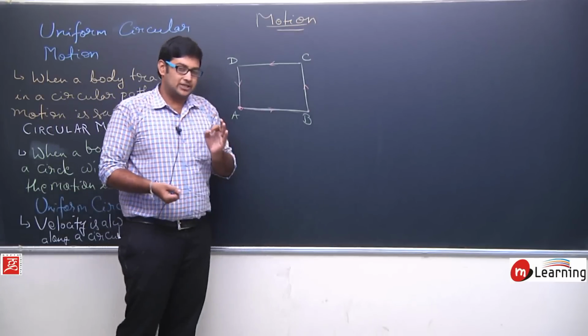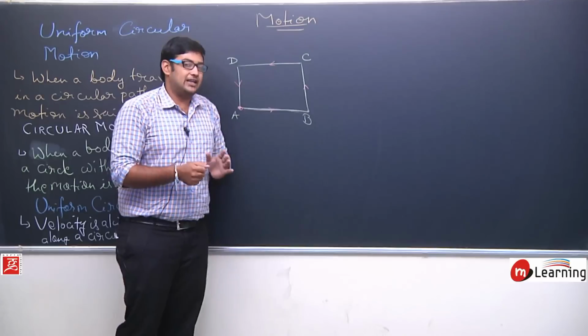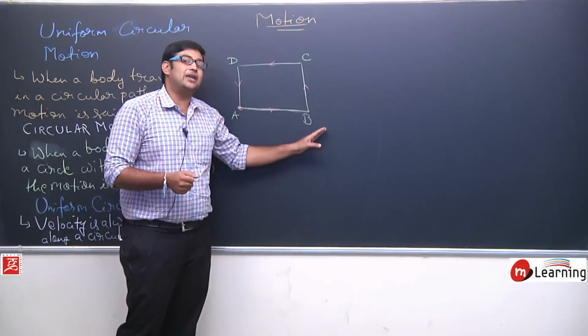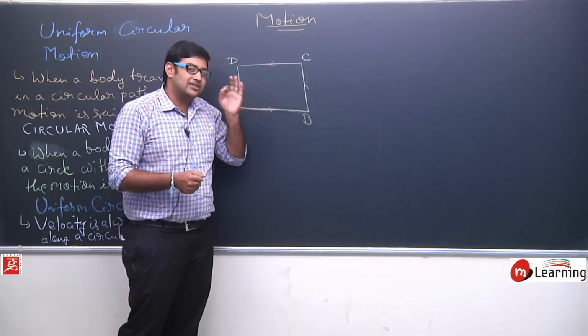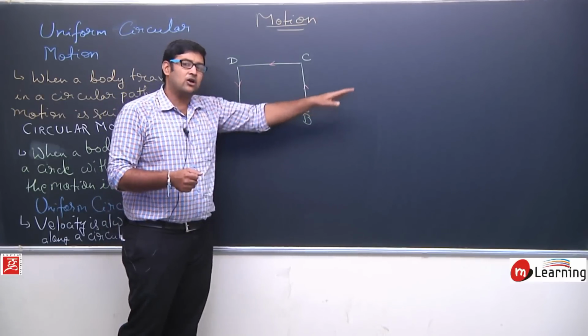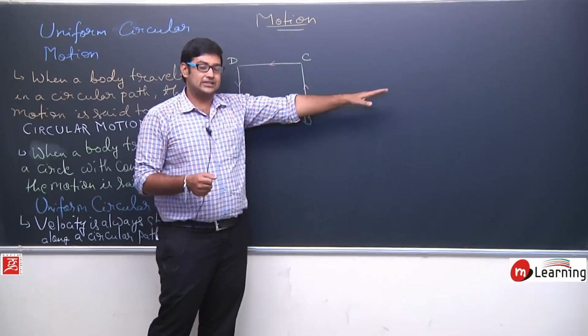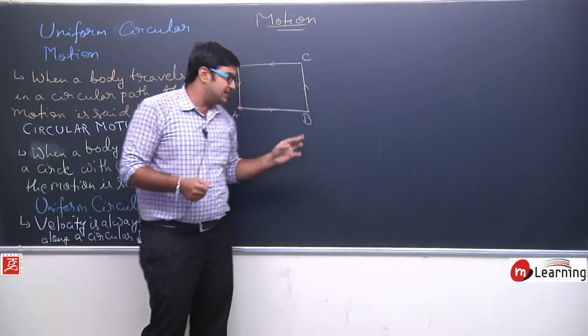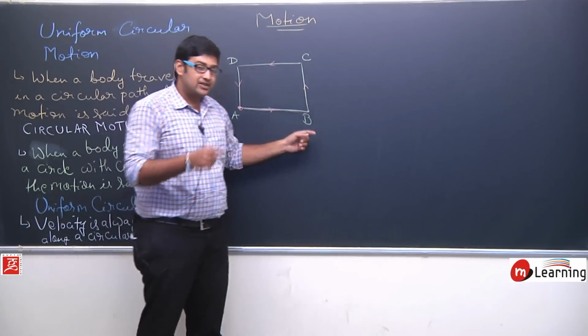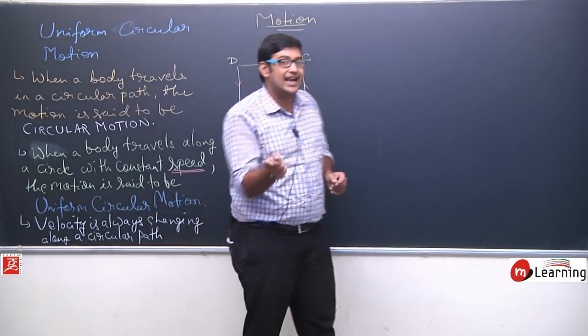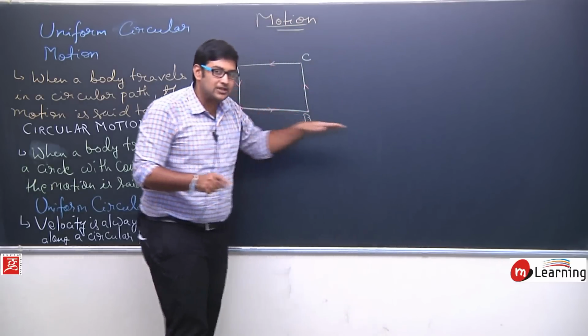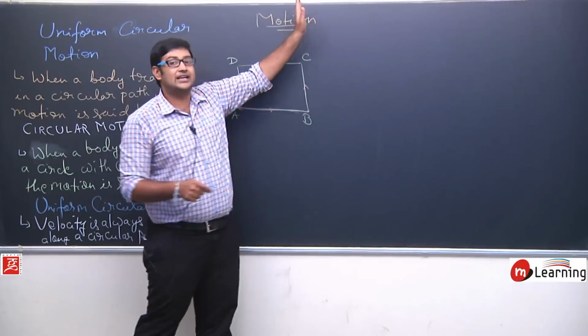Now what you can observe is, when the athlete was running along the path A to B, he was running along a constant, single direction, that is in this direction. But as soon as he reaches the point B, the athlete has to change his direction from this direction to this direction.